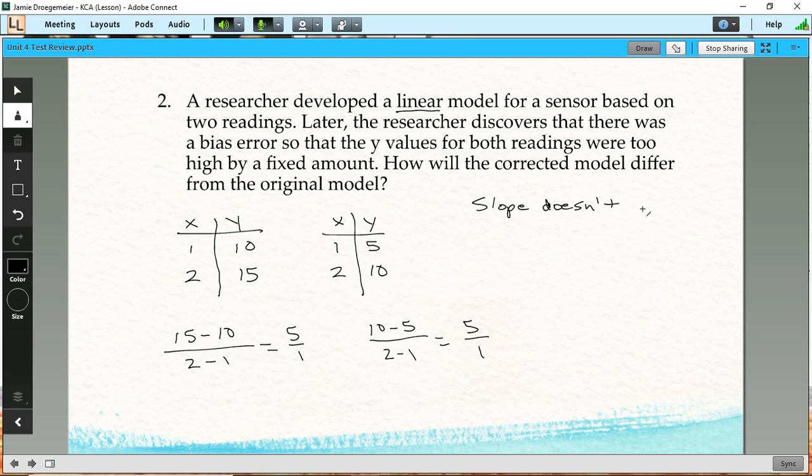Let's think about a y-intercept. That's where the graph crosses the y-axis. So when x is 0, well, we didn't put an example in here for 0, but a line has the same slope at every point.